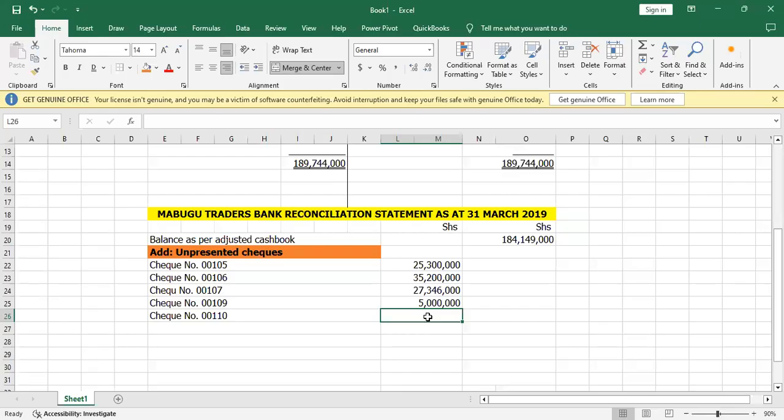So we also put that in. Those are the unpresented checks which we have.